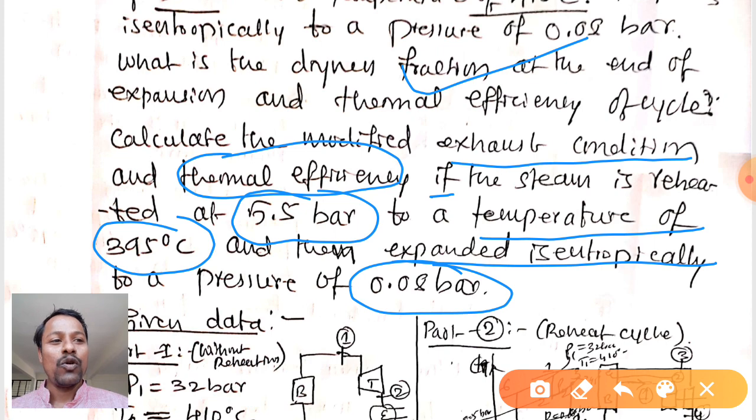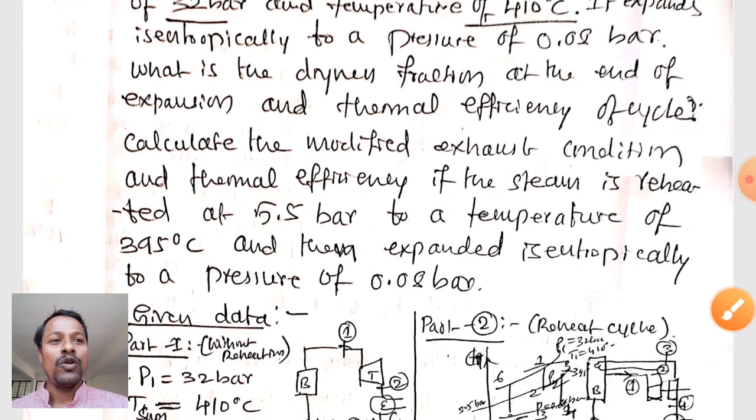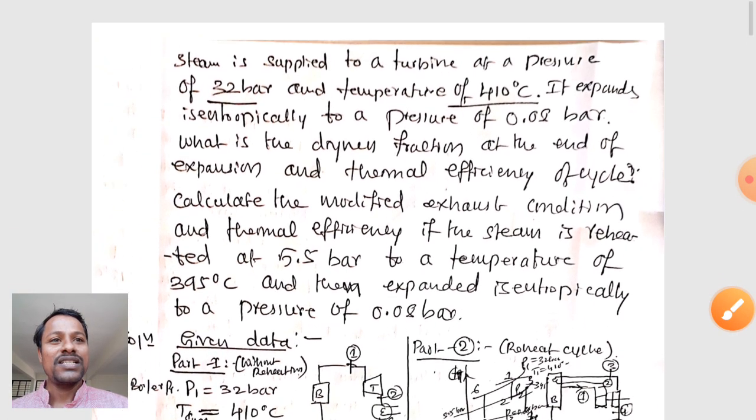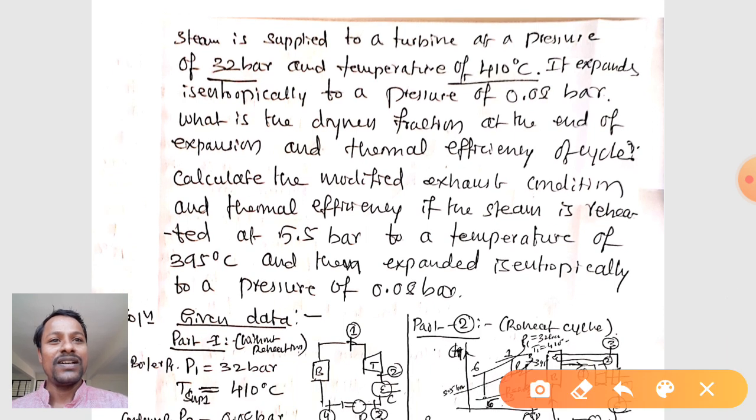So the whole problem is divided into two parts. The first part is where there is no reheating at all, and the second part is where reheating is considered. In both cases we are supposed to calculate the thermal efficiency as well as the dryness fraction of the steam coming out of the turbine.